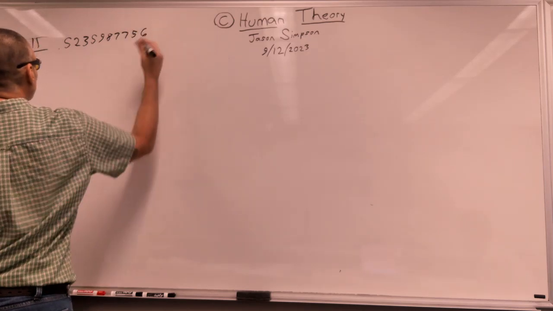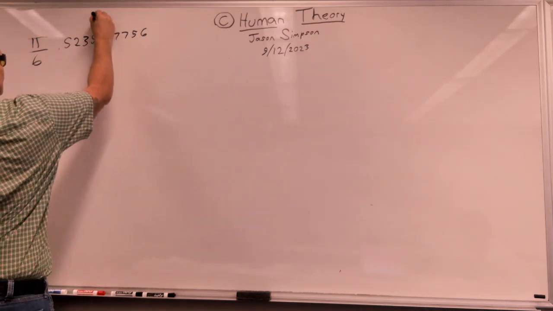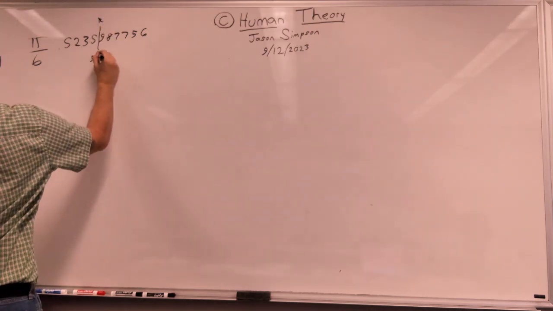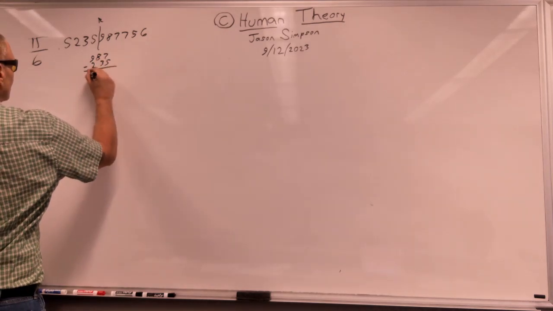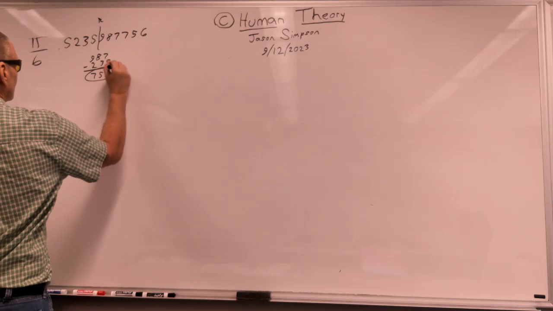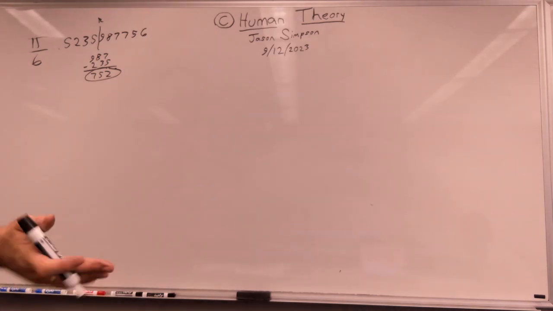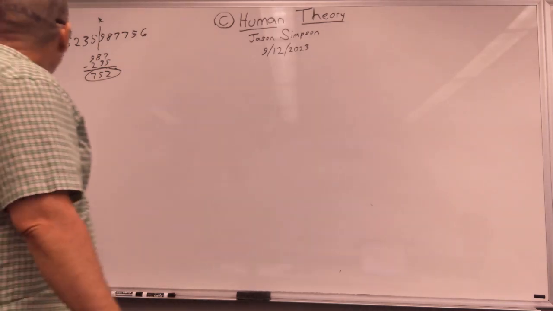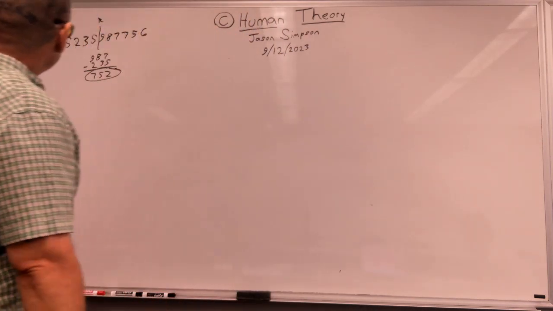And ultimately we're going to end up with, let's put a relationship right here. Relation. Now what is this? All right, now pi divided by 3 was perfect. Pi divided by 9 was perfect. What is this? 752.